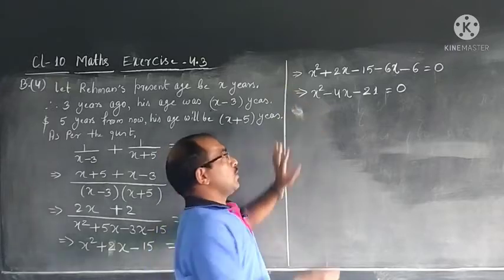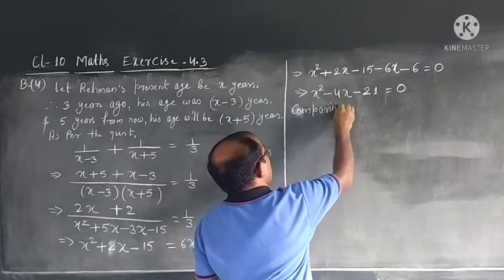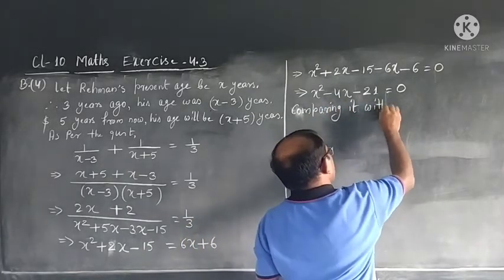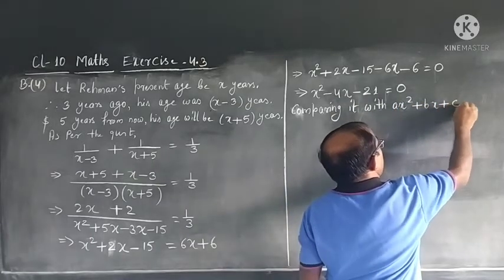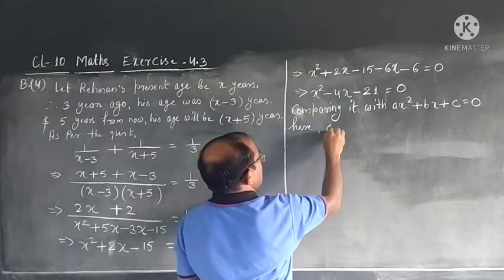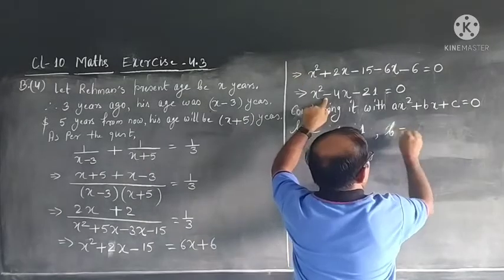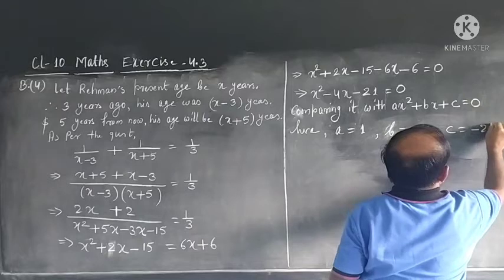So, quadratic formula, we will compare this first with ax square plus bx plus c equal to 0. So, here we will get what? We will get a is the x square coefficient 1, b is minus 4, and c is minus 21.